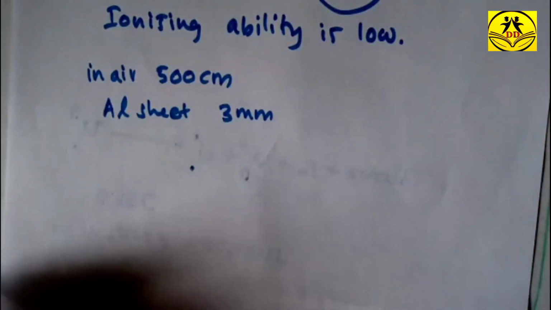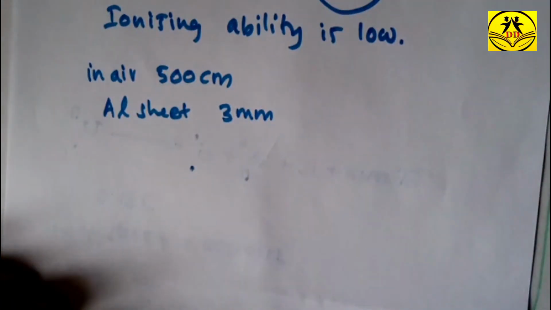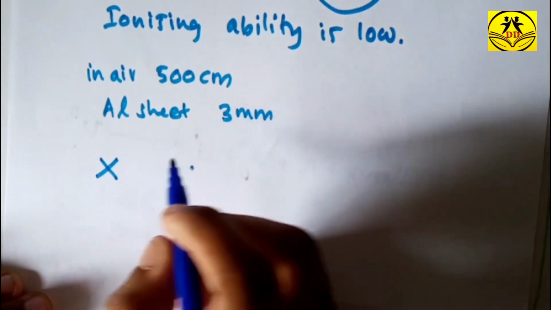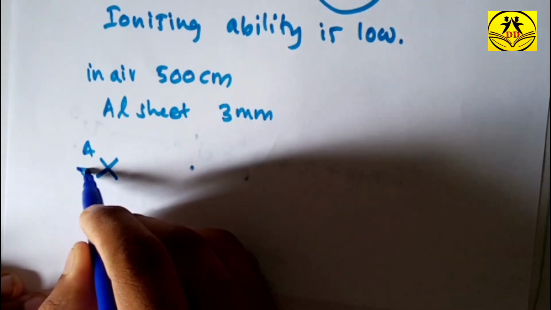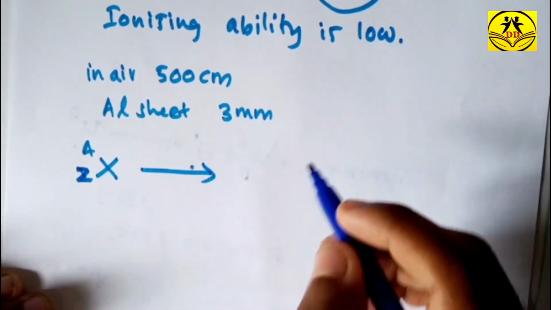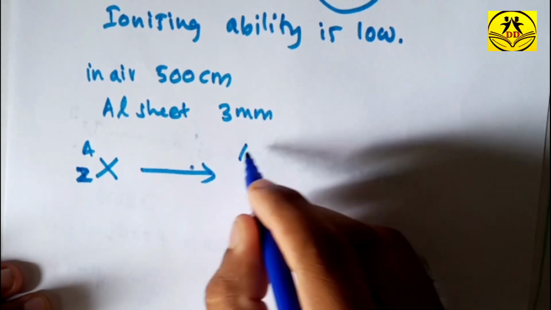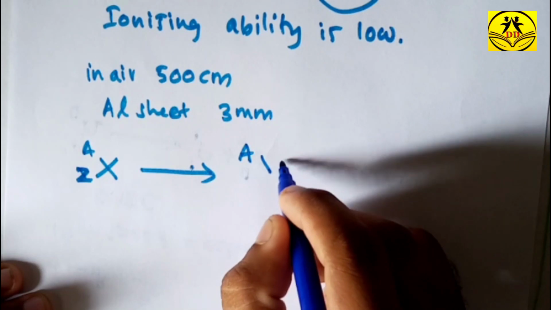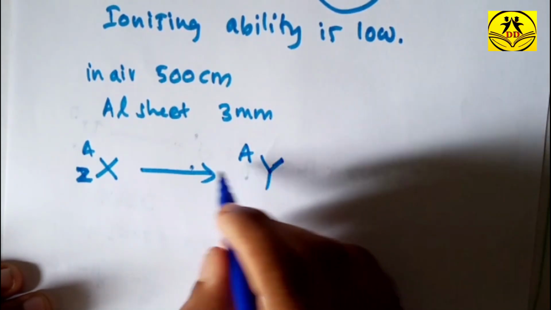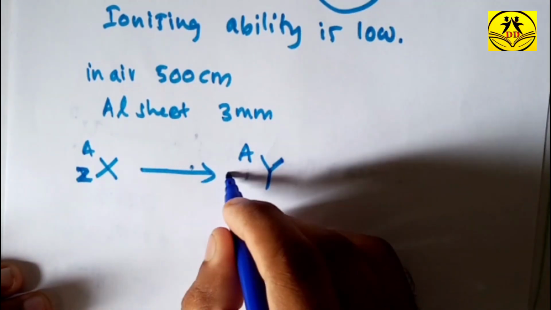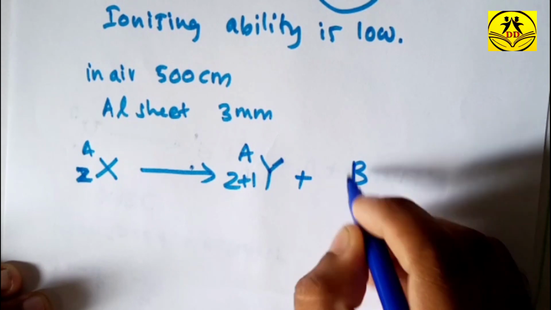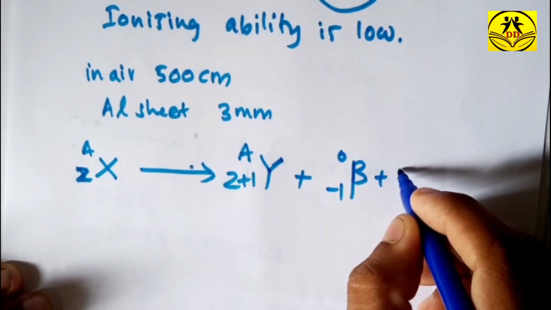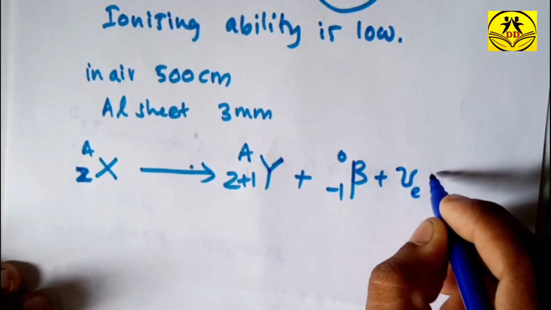Example for beta emission: during a beta decay or beta emission from a nucleus of mass number A and proton number Z, we can observe that the mass number will not change, and a new nucleus will be formed with a proton number which is one more than the parent nucleus, and a beta particle will be emitted with a neutrino and energy.